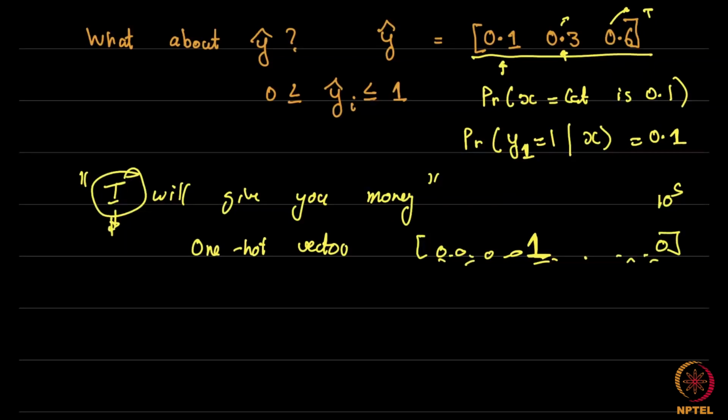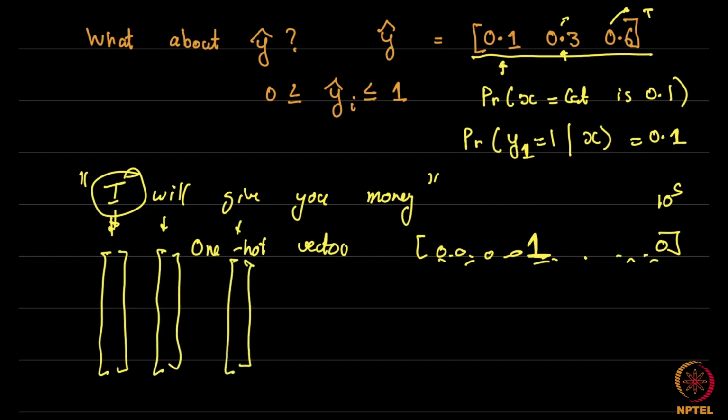So each word is then represented as a vector of the same size, of 100,000 size, but it will be a one-hot vector. So this will be a sequence of one-hot vectors, and only one of them will be 1.